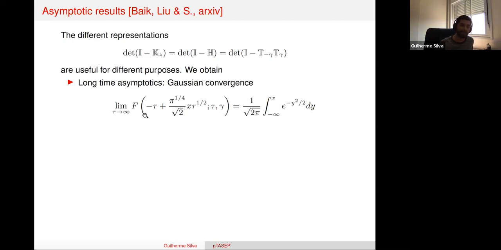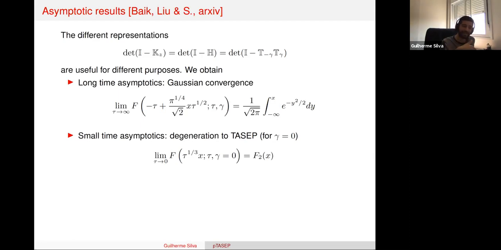Imagine that long time means the super relaxation time scale, and now the particles are highly correlated, so they look more or less like one single particle. We can study that asymptotic regime, and we get indeed that the distribution of the periodic TASEP degenerates to the Gaussian, as it should, from intuition at least.